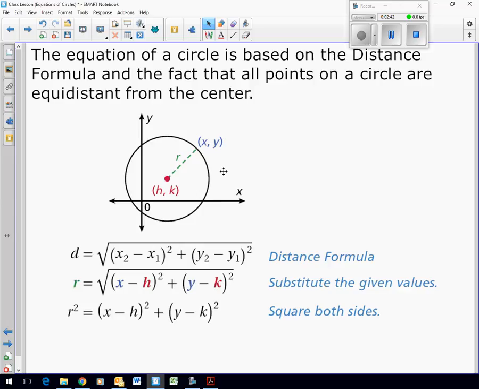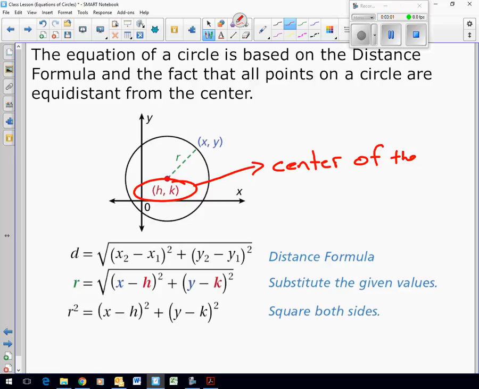When you see h and k, you probably need to write this part down. When you see h and k, guys, that means the center of the circle. And I'll be even more specific than that. Those are the coordinates of the center of the circle.